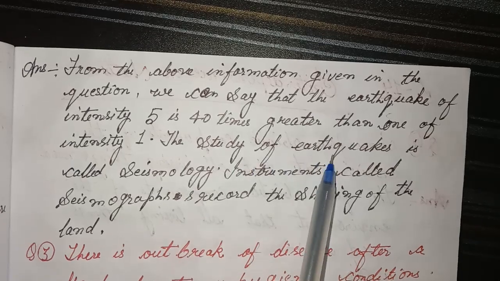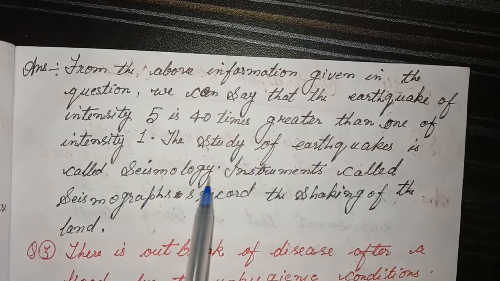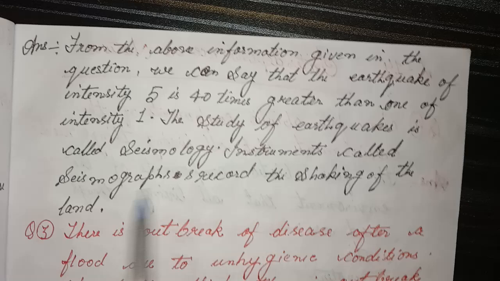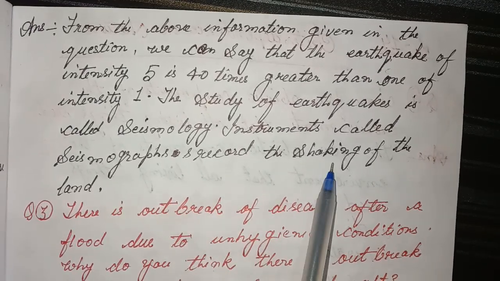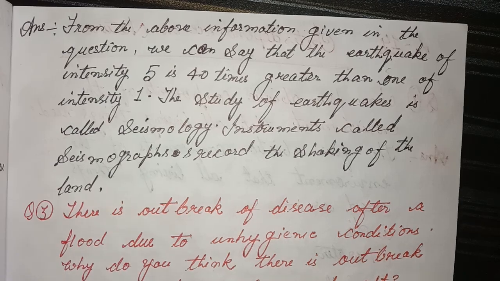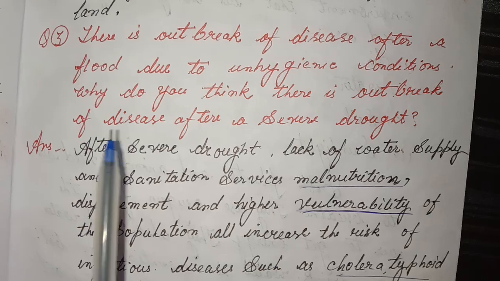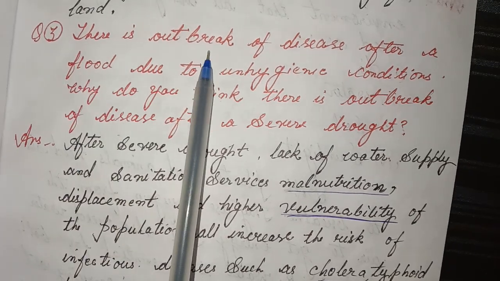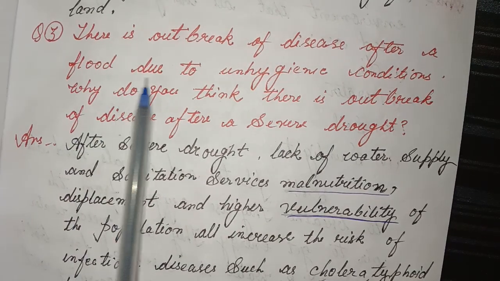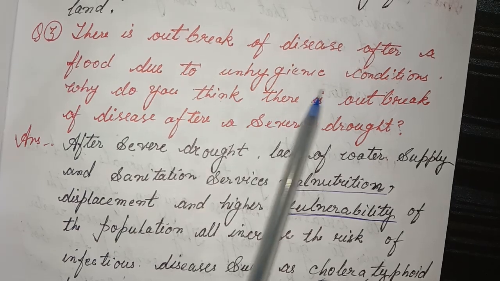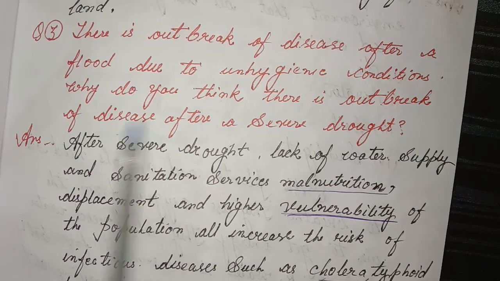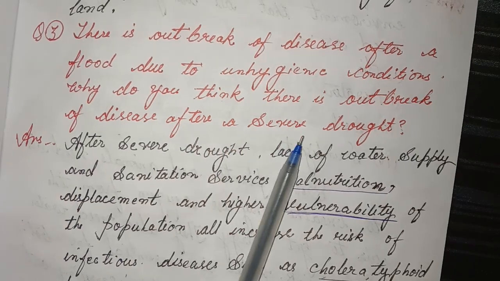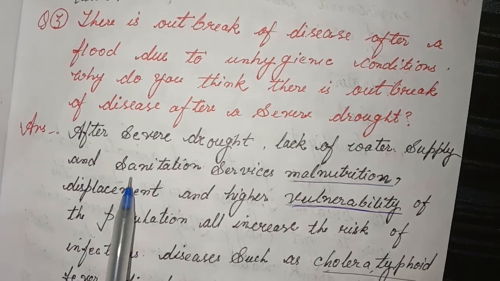The study of earthquakes is called seismology. Instruments called seismographs record the shaking of the land. Third, there is an outbreak of disease after a flood due to unhygienic conditions. Why do you think there is an outbreak of disease after a severe drought? Answer.